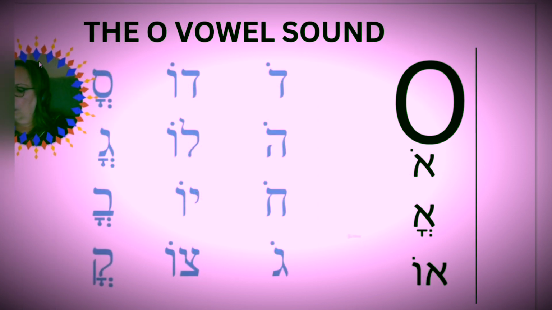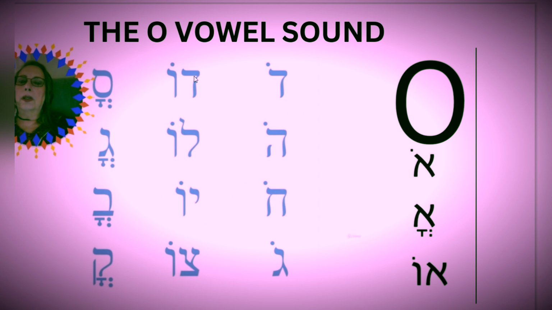The O vowel sound. Oh, like in, oh, look. So here we go. We have do, ho, ho. Remember, it's enclosed, like a window that's enclosed. So you're trying to get air. Ho, go.